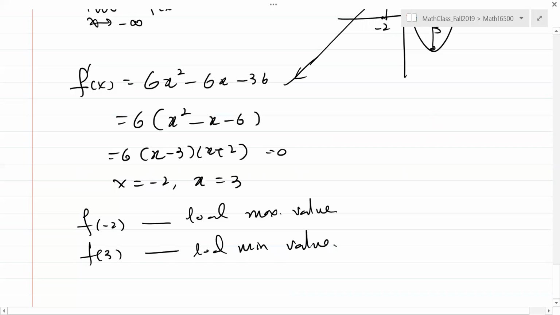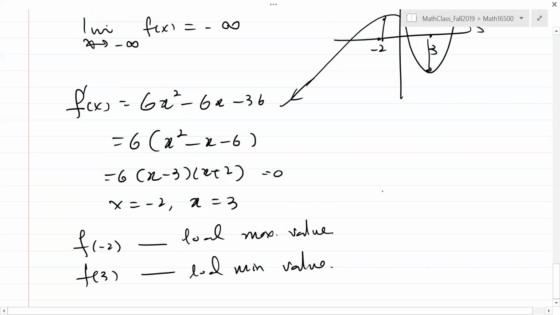Why is f of -2 not a local minimum value? If it were, one side is going to negative infinity, then you have to go down, right? If -2 were a local minimum, there would have to be another local maximum point to its left, and that is not possible. So this picture is impossible.